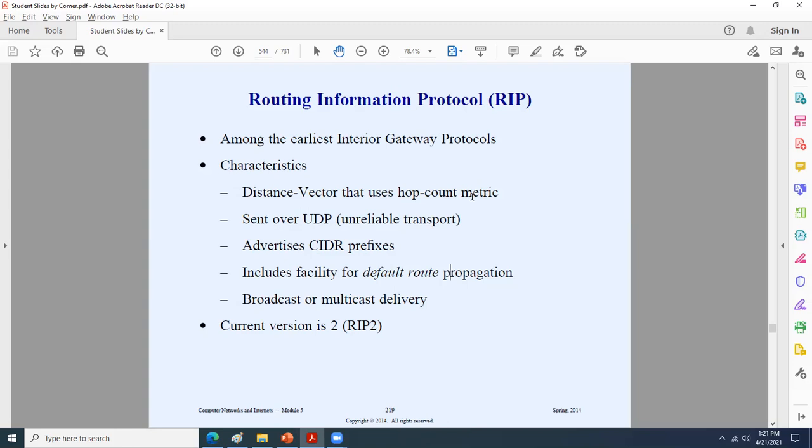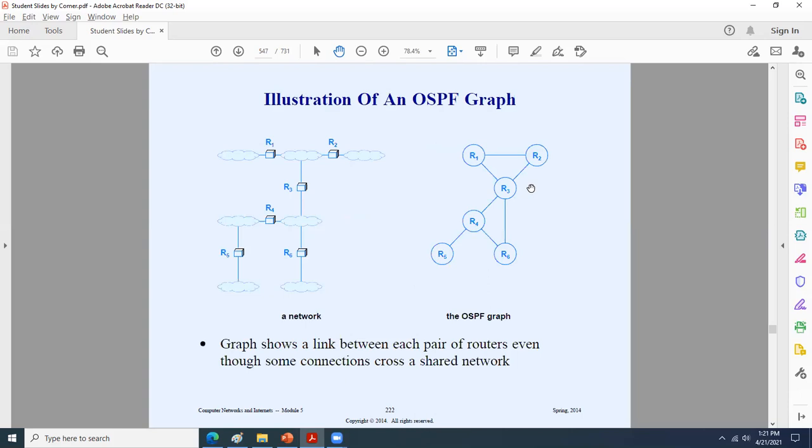And in a slide that we're going to have in just a moment, I'll go ahead and pull this forward. So if you have a packet that's traveling from router 5 to router 2, RIP is going to say, okay, if I go from router 5, R5, here to router 4, and then to router 3, and then to router 2, that's going to take 2 hops.